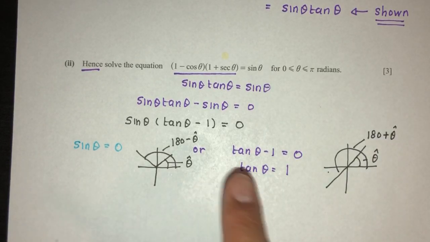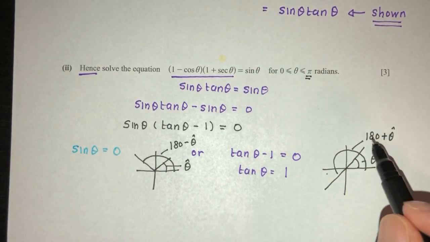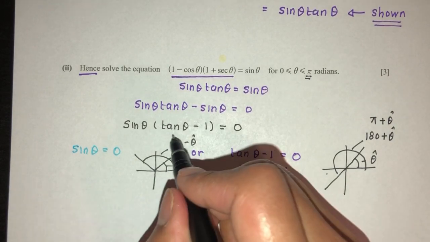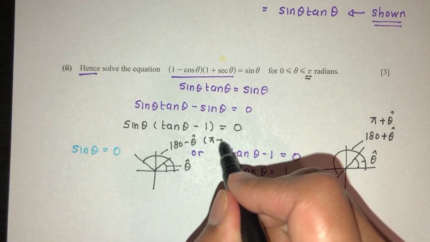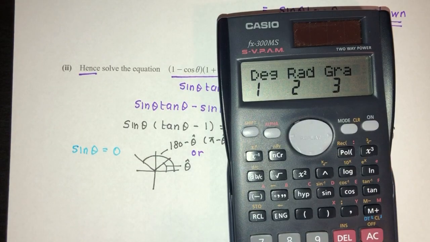But now we have to remember that the angle in this question is in terms of radians. So that will be pi plus theta hat, and this is pi minus theta hat. So don't forget to change the mode to radians.